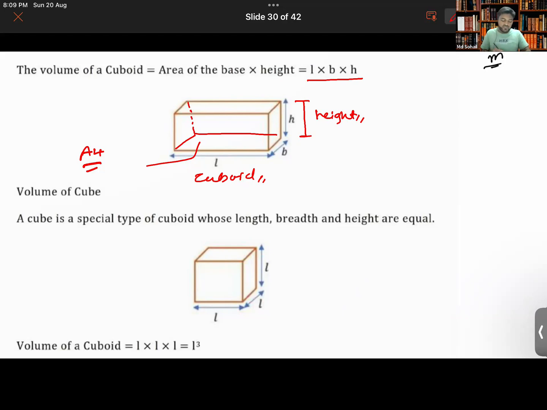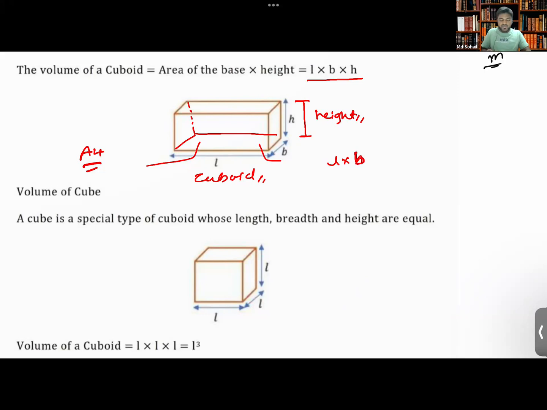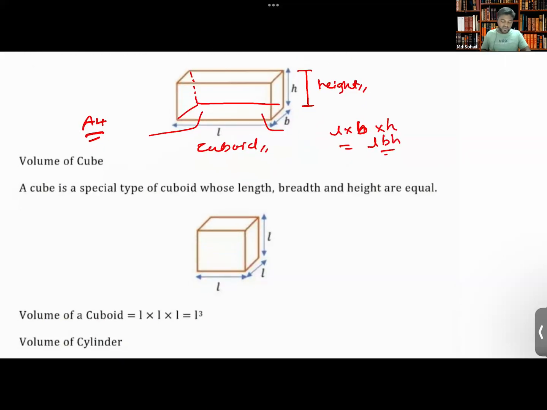How? Simply I will take the area of one sheet of paper, that will be length into breadth, and how many such sheets are there? There are h sheets, so it will be multiplied by h. So length, breadth and height multiplied together gives you the volume of a cuboid.